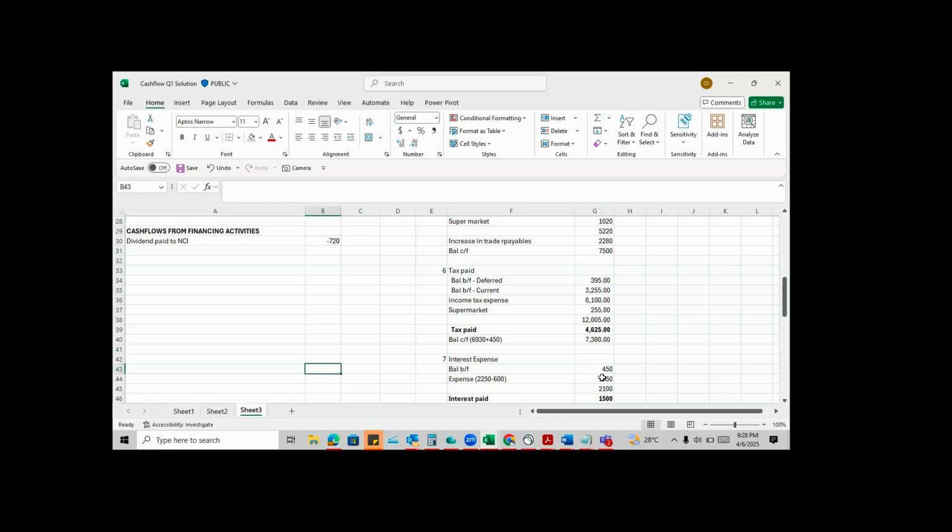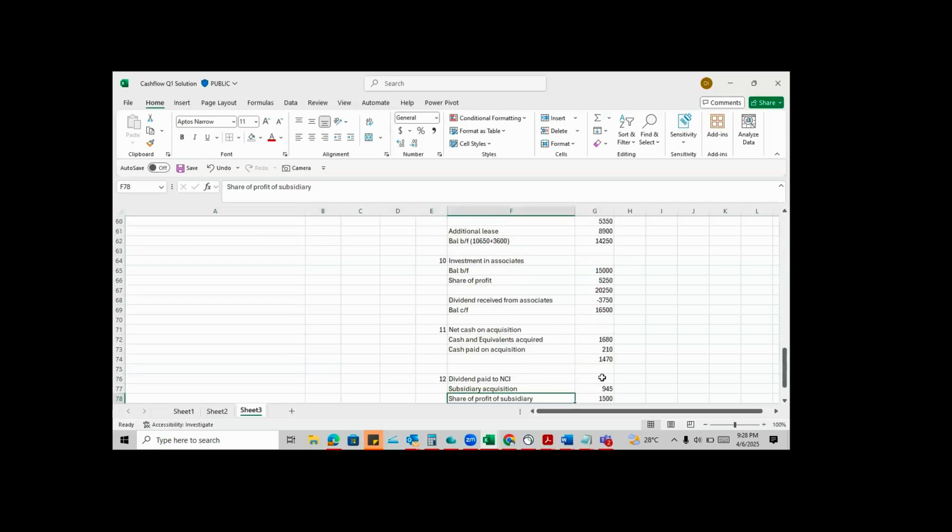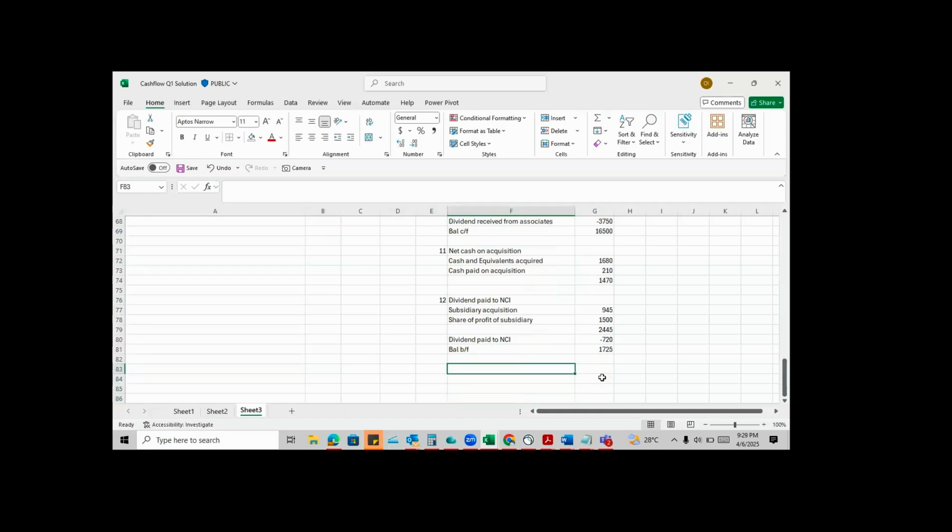Let's quickly look at the loan notes as well. Number 13, loan notes. Now, this is time consuming because we are doing it together in class.